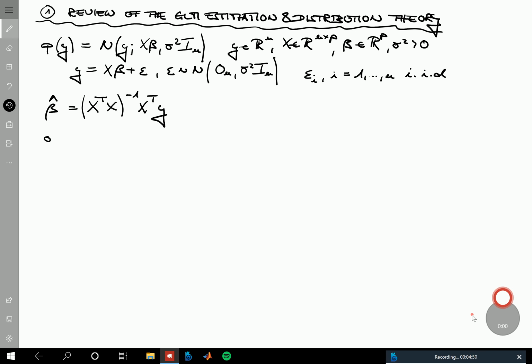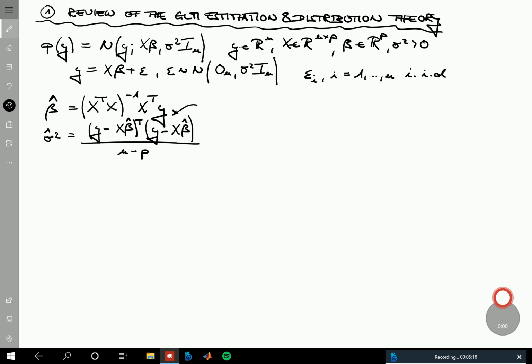And for the variance parameter, we have an unbiased estimator given in terms of the data, the ordinary least squares estimate for the beta parameters and the design matrix, resulting from the squared residual errors.